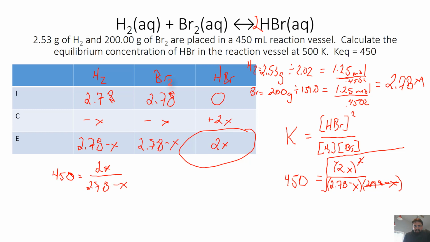So I'm going to get the 2.78 minus X. I'm going to multiply it on both sides. So I get 1,251 minus 450X is equal to 2X.